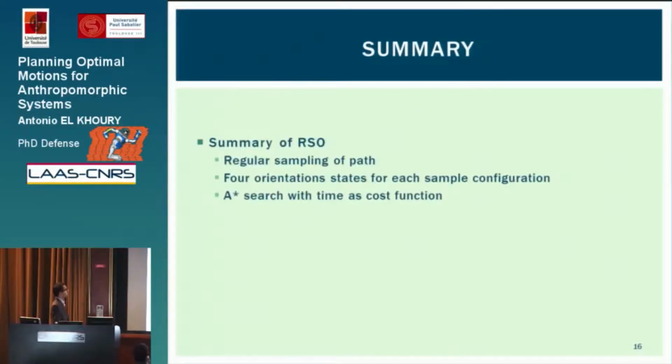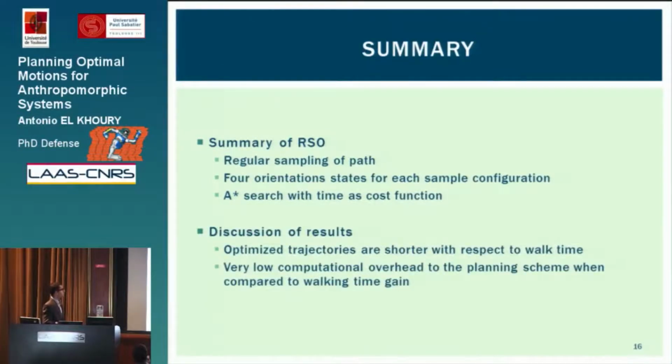So in summary, the regular sampling optimization consists in evenly or regularly sampling a path with sample configurations and defining at each sample configuration orientations. And once we have that, we can run an A-star search with time given as a cost function and find in this particular graph, so for the given orientations and for the given sampling distances, the minimum cost path.